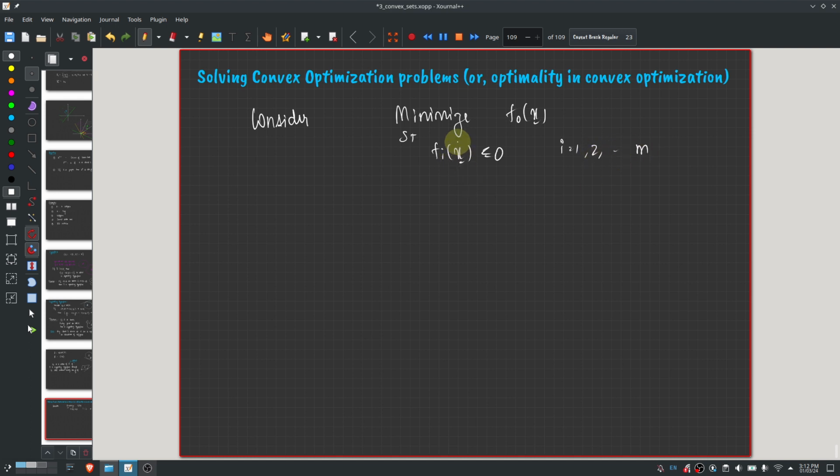So there are m inequality constraints, and you also have a bunch of equality constraints, hi of x is equal to 0 for i equal to 1, 2, 3 up to p.